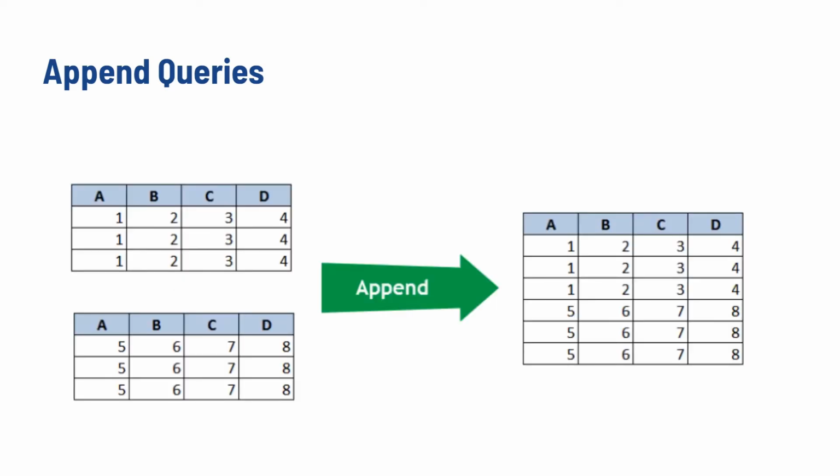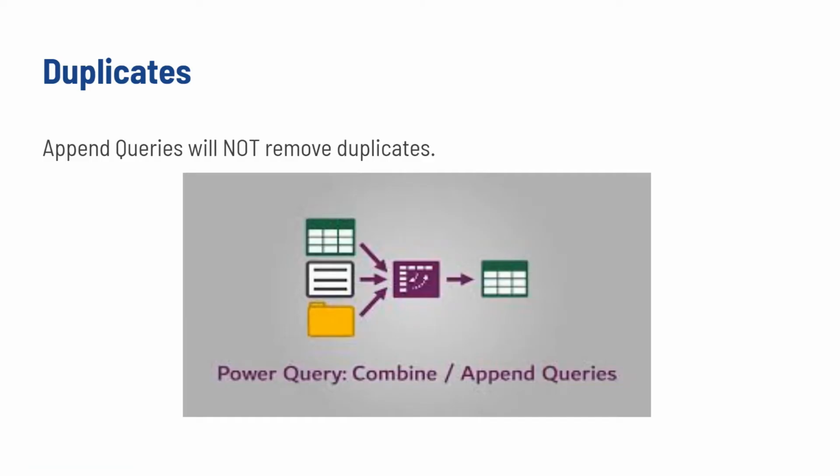When you have additional rows of data that you'd like to add to an existing query, you append the query. What about duplicates? Append queries will not remove duplicates. You have to use group by or remove duplicate rows to get rid of duplicates.